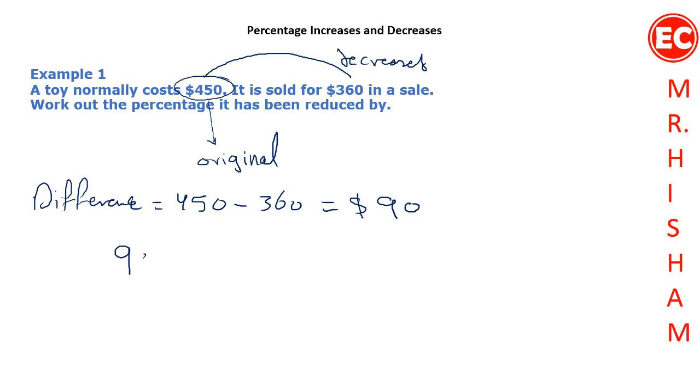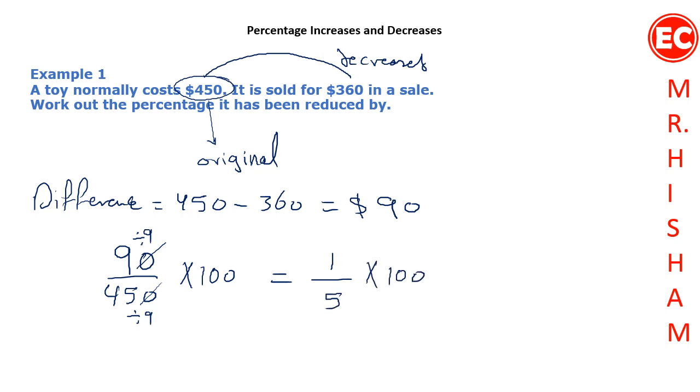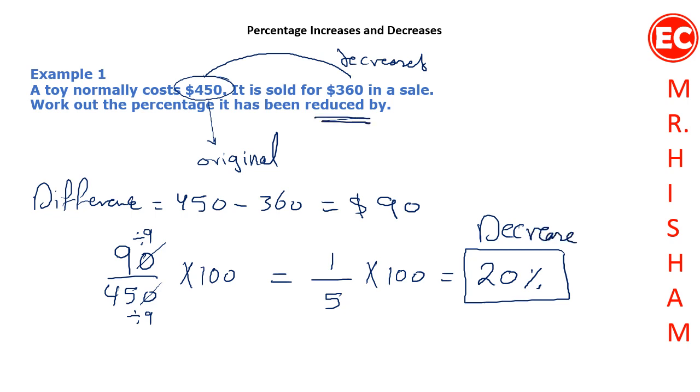So I need to divide 90 by the original 450 and multiply the answer by 100. By cancelling 0 with 0 and dividing here by 9 and here by 9, it will be 1 over 5. And 1 over 5 multiplied by 100 is equal to 20. So it's 20%, the percentage of decrease or the reduced value for the price of the toy.